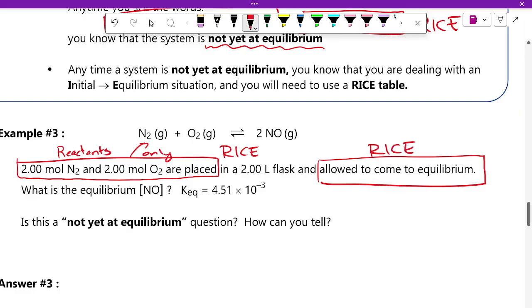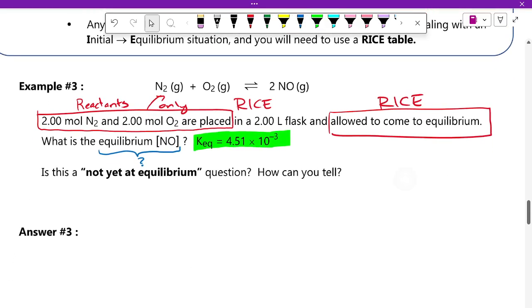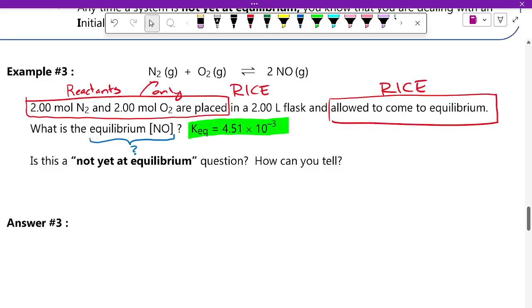So you've got two confirmations that this is a RICE type problem. This is a little bit different though, because we have given you the KEQ and you are asked for the equilibrium concentration of NO. That's our unknown there. Could you please set up your RICE table? I haven't given it to you this time. Set up your own RICE table this time.